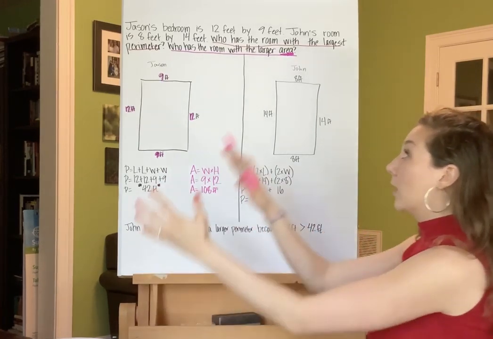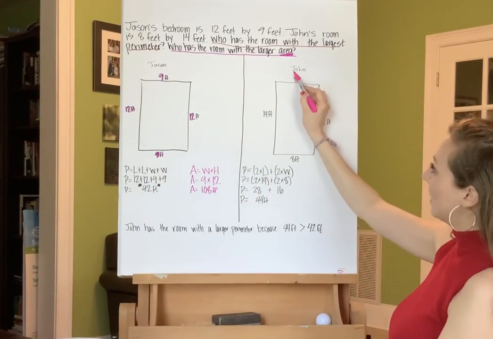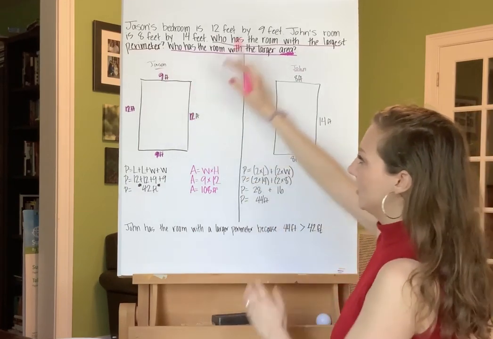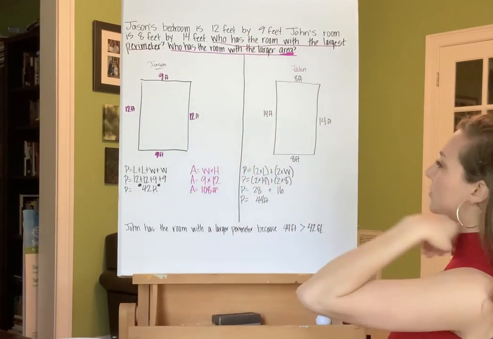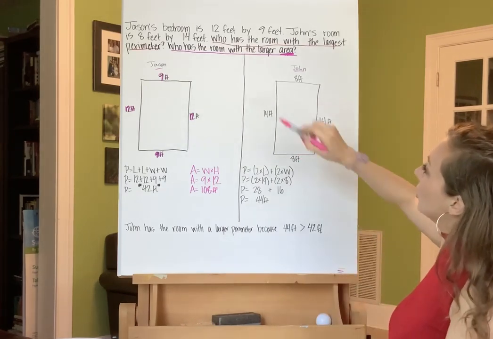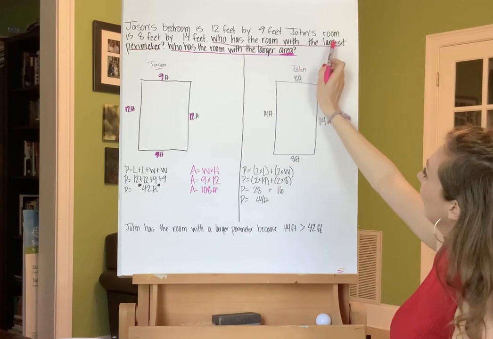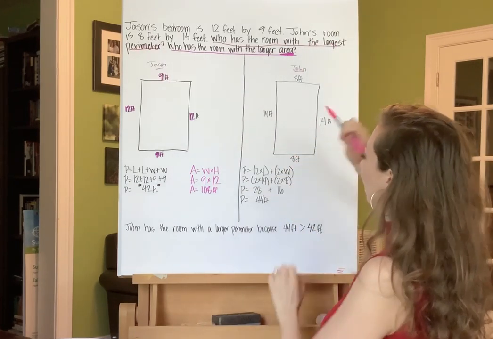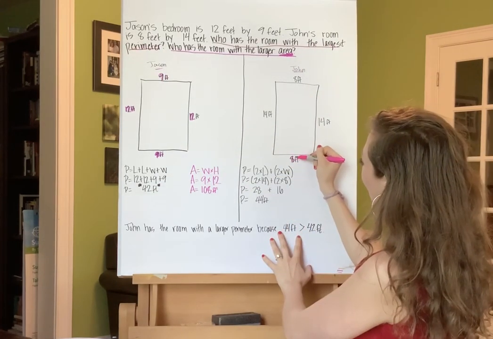Now let's come over and work with John's bedroom. See up here I have their names and we split it down the middle so we could kind of see whose was who. This is John's bedroom. I went ahead and drew it for us. So John's bedroom, what about it? 8 feet. So it's 8 feet wide.